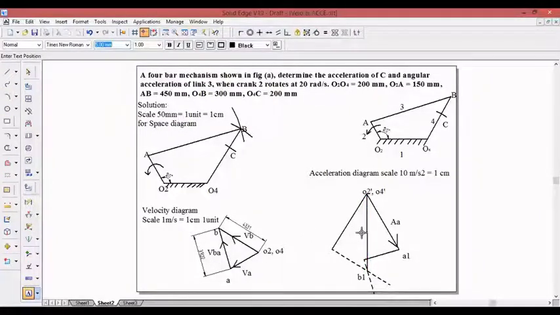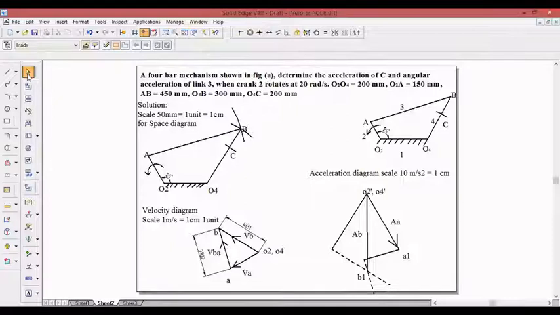So this is the acceleration of point B. By this measurement, this completes the acceleration diagram.